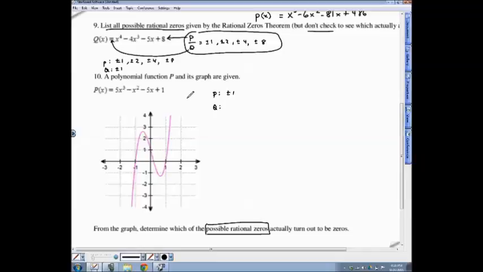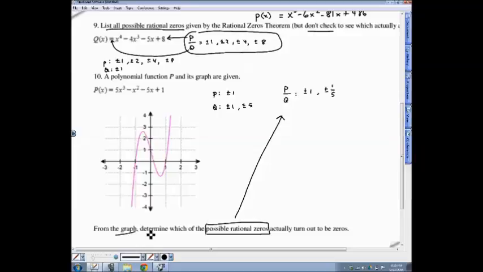And Q are the factors of the leading coefficient, which in this case are plus or minus 1, plus or minus 5. So then P divided by Q, if we have 1 divided by 1, that's just 1. But then if we have 1 divided by 5, that's 1/5. So these are the list of possible rational zeros right here.